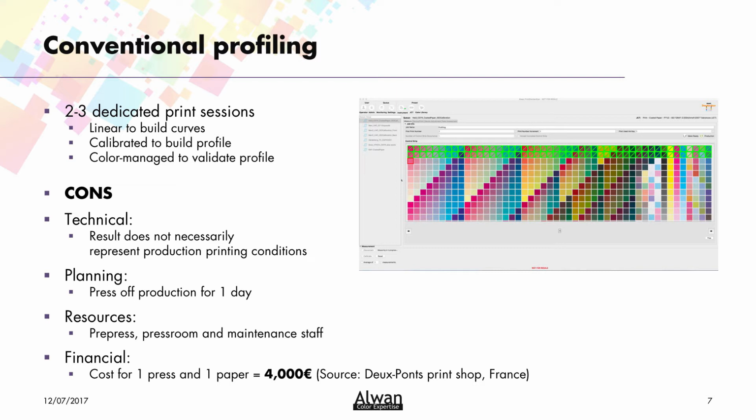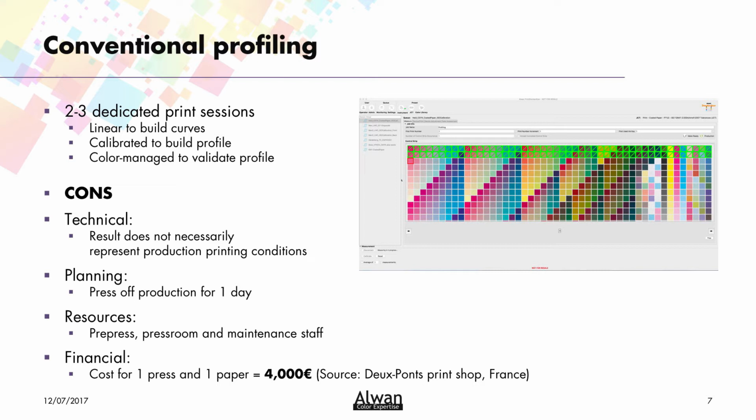Now, this is a technical constraint that can be overcome if the profiling printing conditions are standardized in the printing plant. However, the other big constraint in conventional profiling is that it uses IT8s, which require specific printing sessions, and they cost a lot of money. The press is not in production, so we're not producing jobs. Resources are not in production. They are making sure that everything goes well in file, CTP, and on the press.